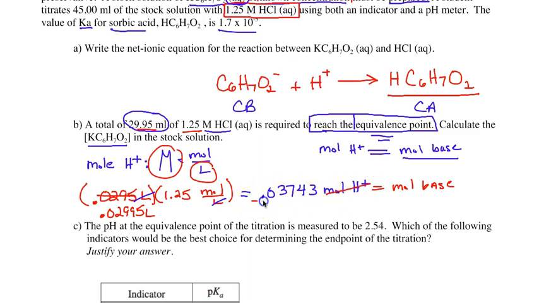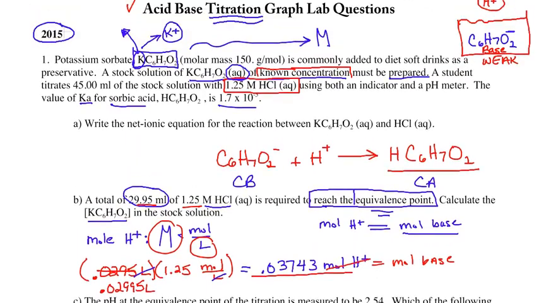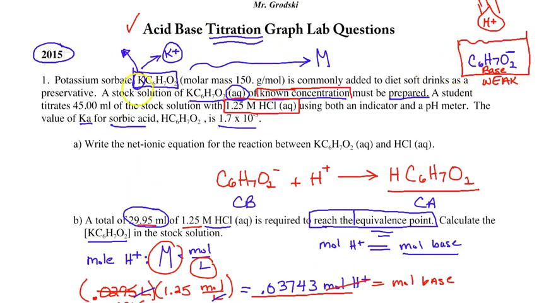And I'm going to divide that, the moles of my base, by the volume in the beaker. And what did I say? There was 45 milliliters titrated. So this is 45 milliliters. I know how many moles are in here. I know how much acid was added to neutralize this at the equivalence point.